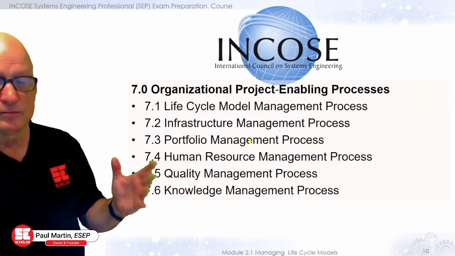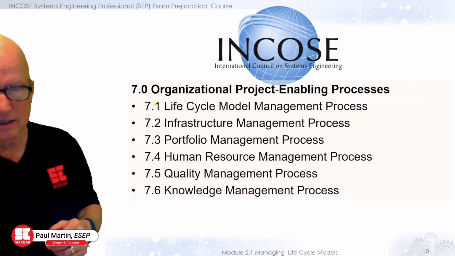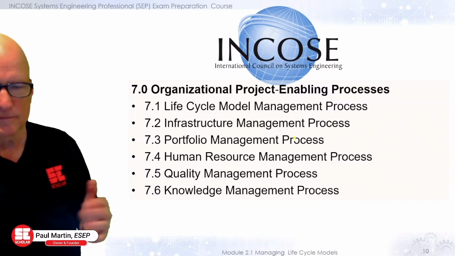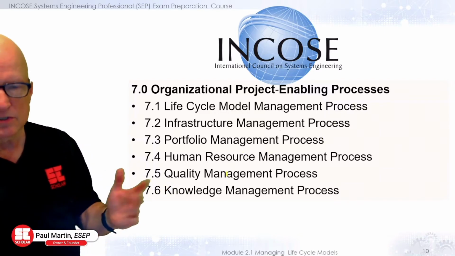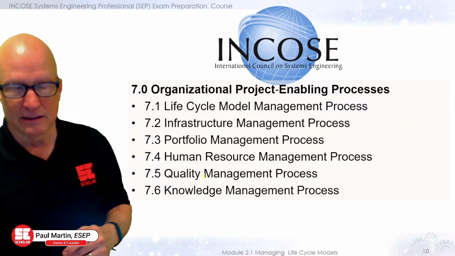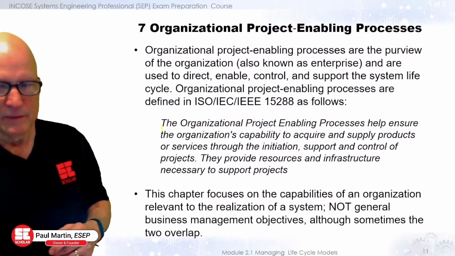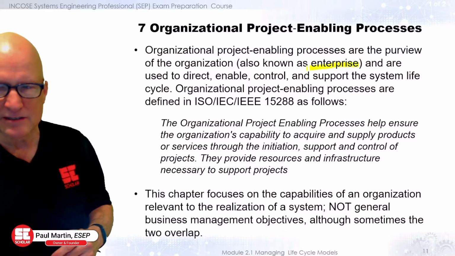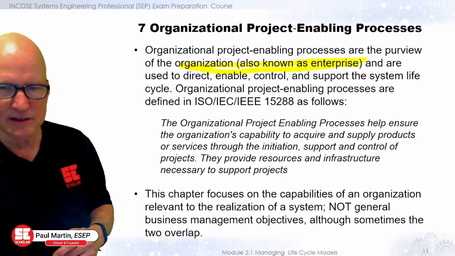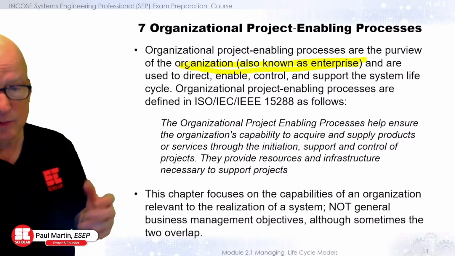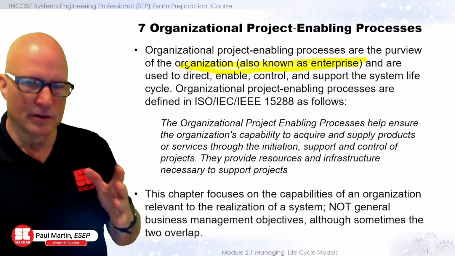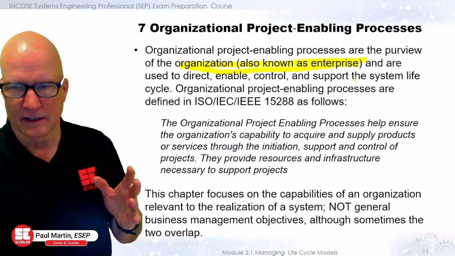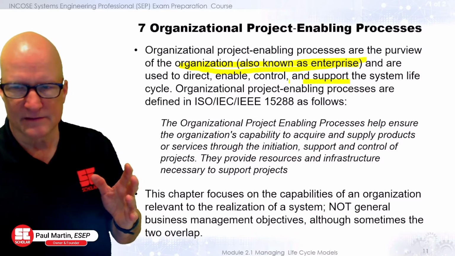All right, so there's 6 aspects to chapter 7: lifecycle management, infrastructure, portfolio management, human resource, quality management, and knowledge management. So they talk about the fact that the project enabling processes are purview to the organization, also known as the enterprise, right? And what they do is direct, enable, control, and support the system lifecycle.